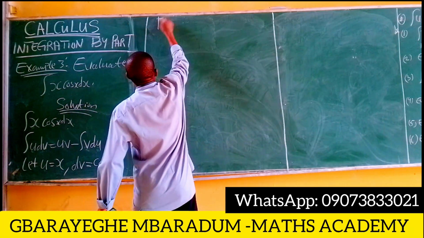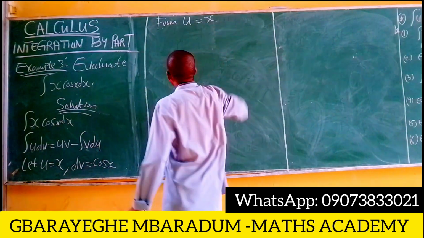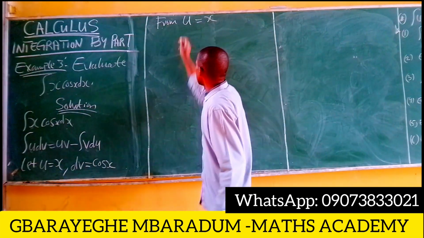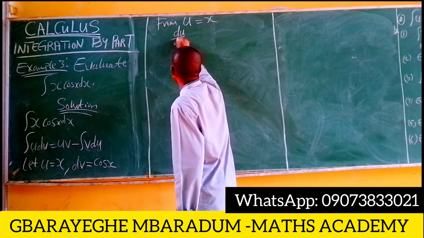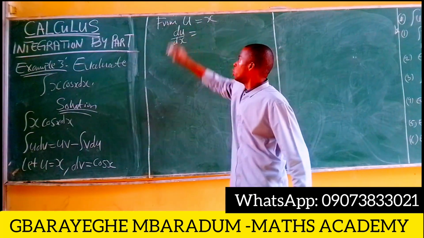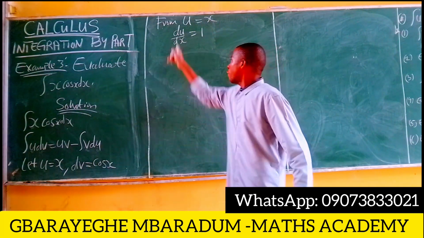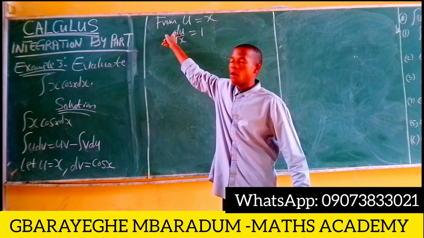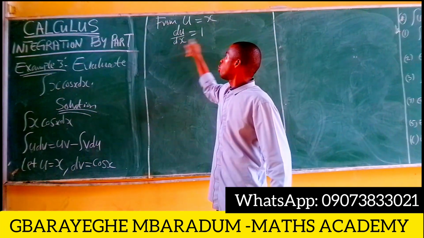Now, you know that our u equals x. Now for us to get our du, we are going to differentiate this function. So we differentiate u with respect to x, because x is the parameter in the function of u. So for us to differentiate x, we are going to have 1, right? And for us to make the du the subject, we cross multiply.